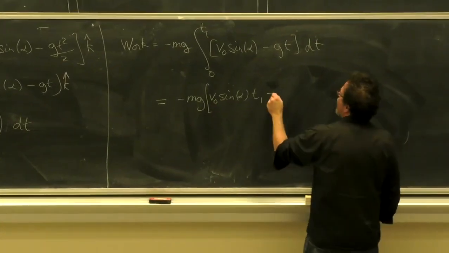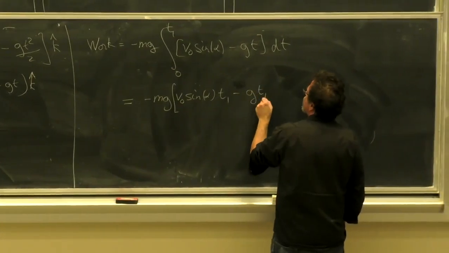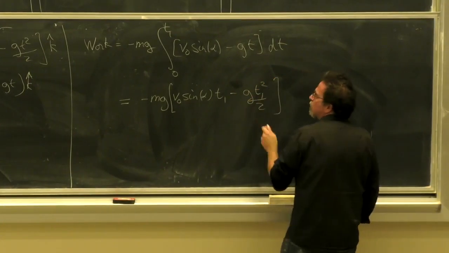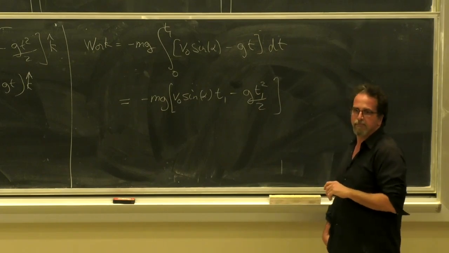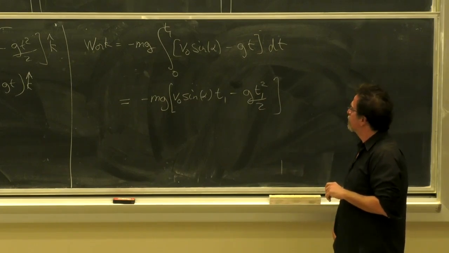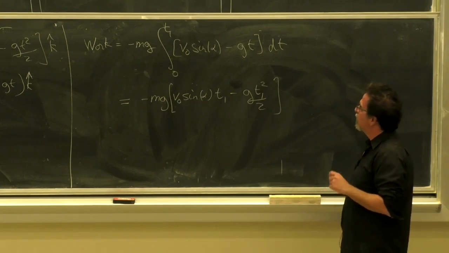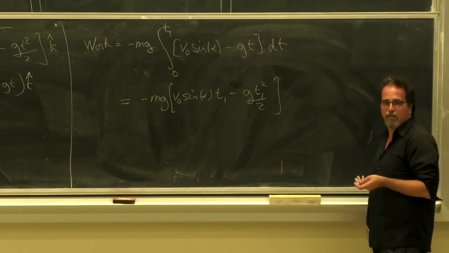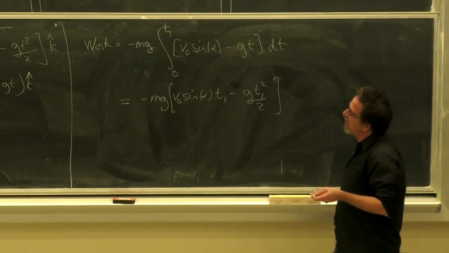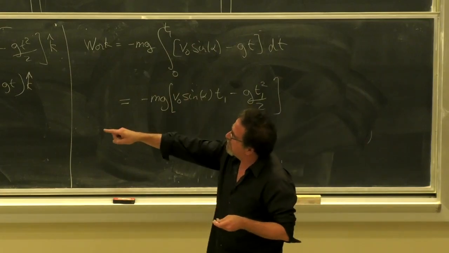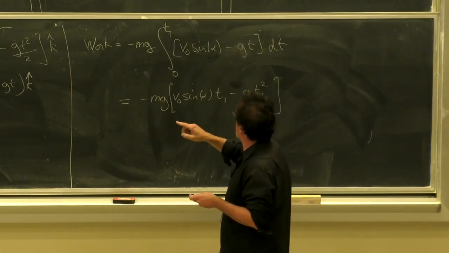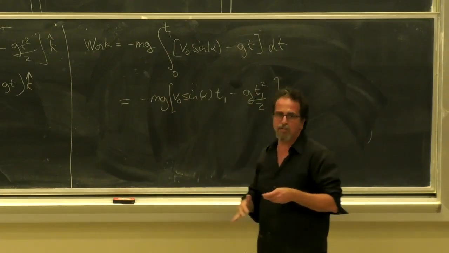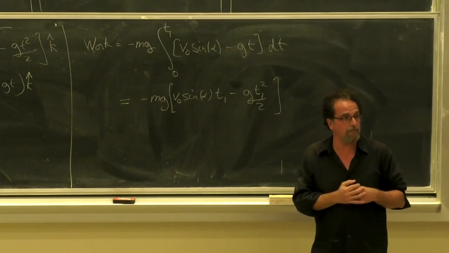And this is going to be minus g t1 squared over 2. So this tells you actually what the change in kinetic energy is. It tells you the kinetic energy later on minus the original kinetic energy is going to be this function of the later time t1.